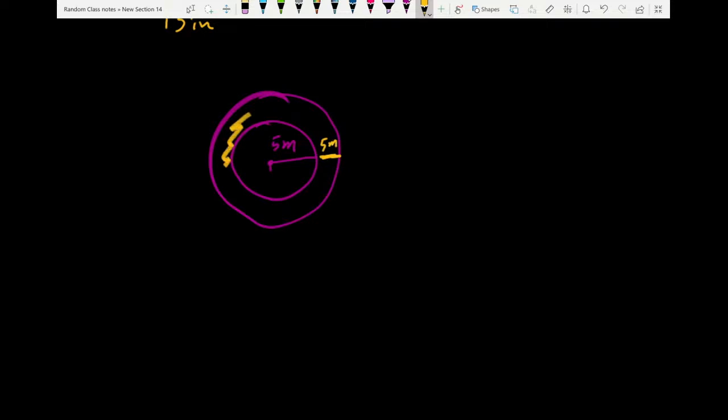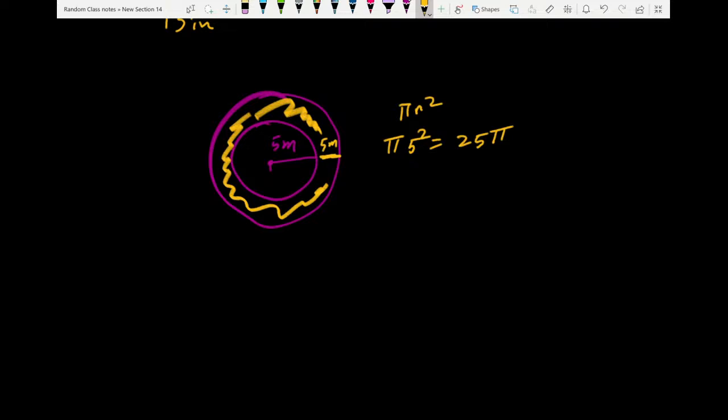I want to know the area of this shaded region. To find that, you've got to find the area of the inside circle, which is pi r square. So it'll be pi 5 square, which gives you 25 pi. To make my life easier, I'm going to use 25 pi.